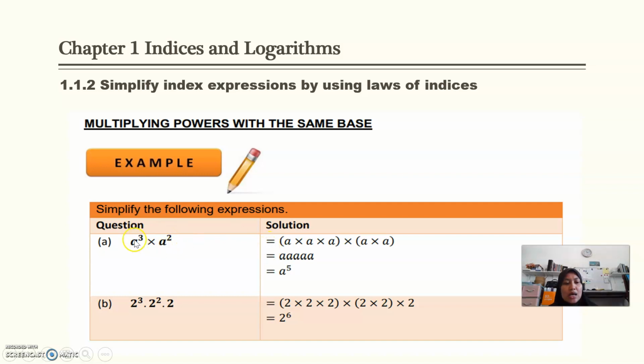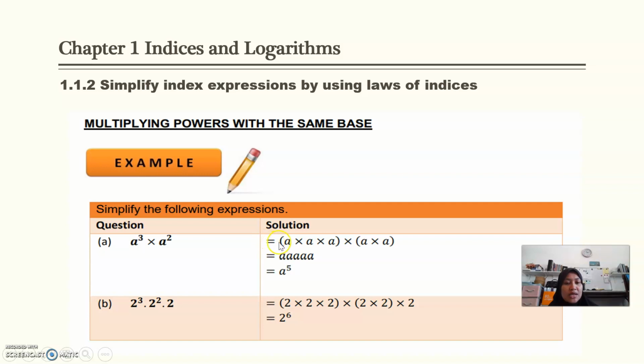When we look at this question, the base A is multiplied 3 times, and the second A power of 2 is multiplied 2 times.